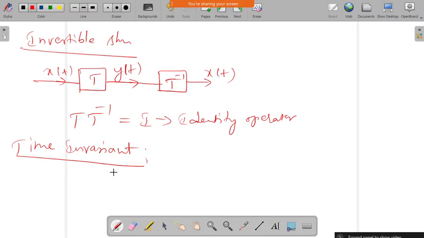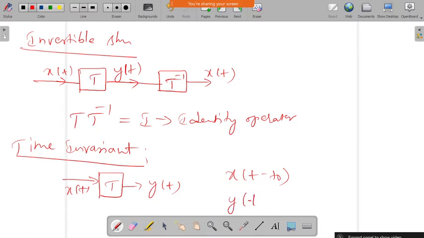Then we can say the system is time invariant, otherwise it is time variant. So if I give the input x of t to the system T and it produces y of t, and now I put x of t minus t naught, shifting the signal by t naught, and the output also shifts by the same amount, then the system T is said to be time invariant, otherwise it is a time variant system.